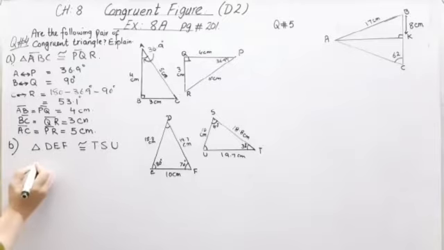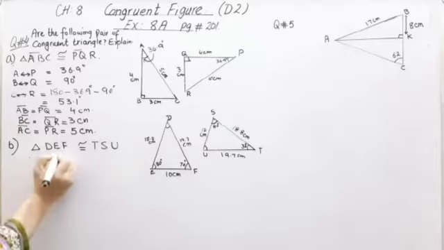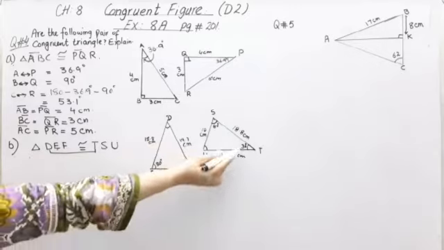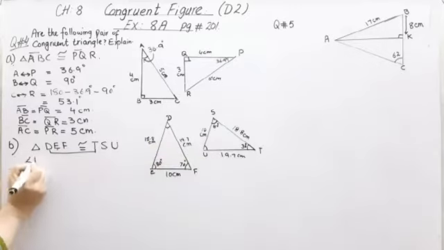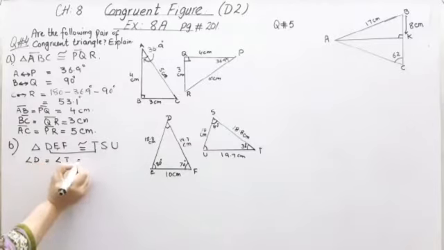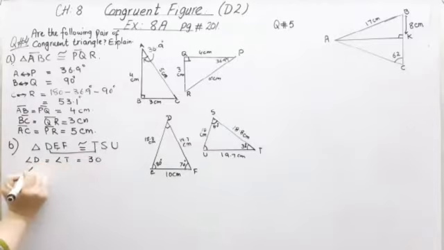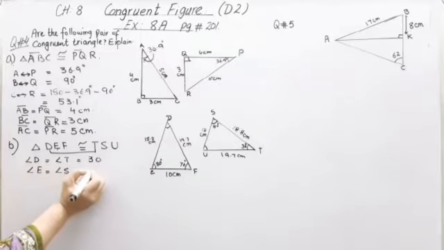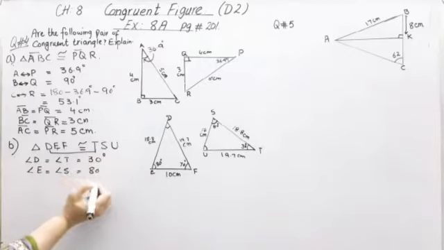Now angle D is equal to T. So angle D is equal to angle T, equal to 30. Angle E is equal to angle S, equal to 80 degrees.